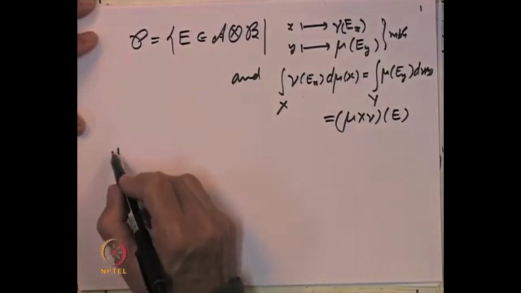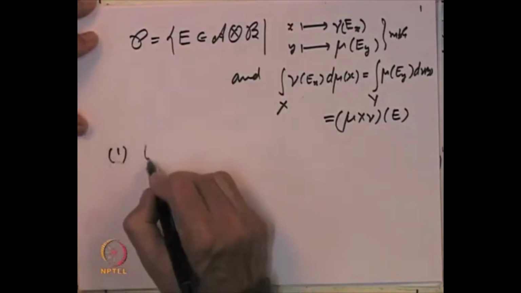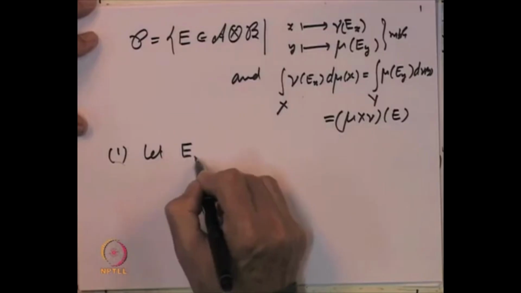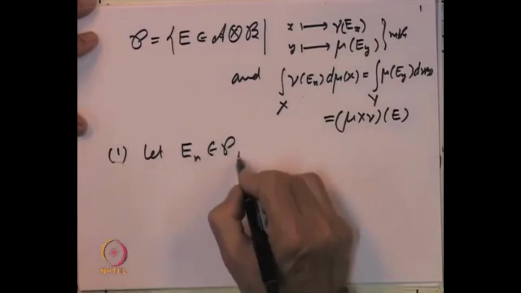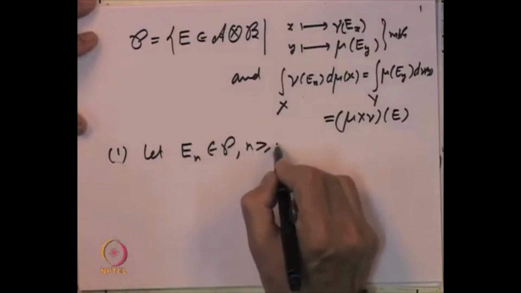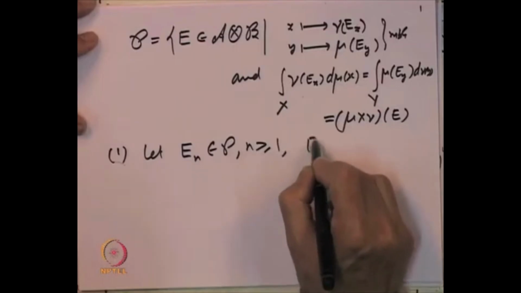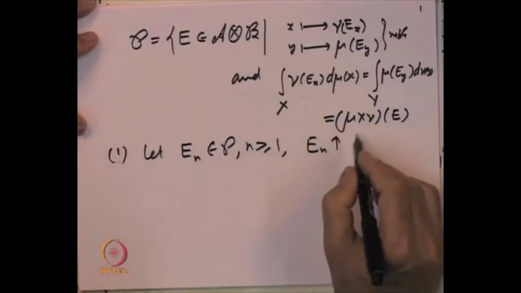So, let us look at the first property. Let E_n be a collection of sets in the class P such that E_n is increasing.